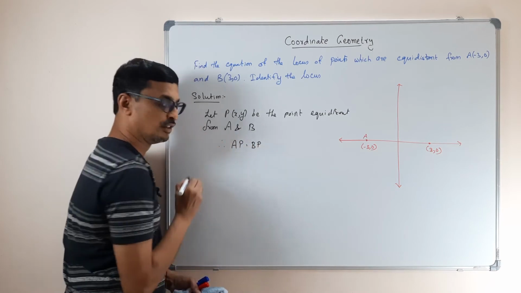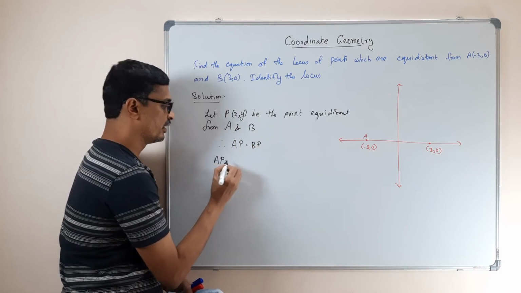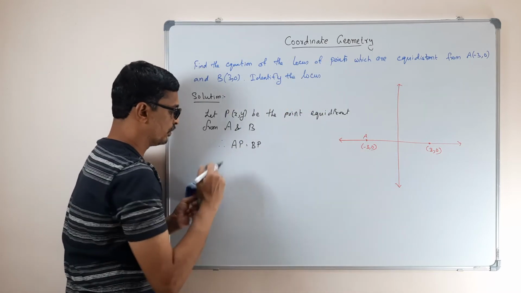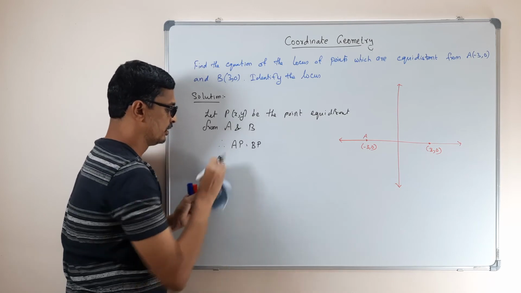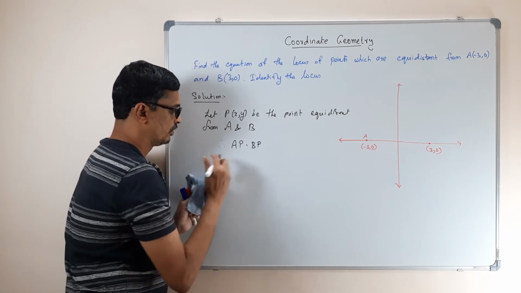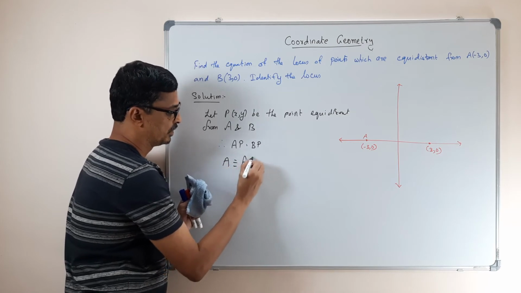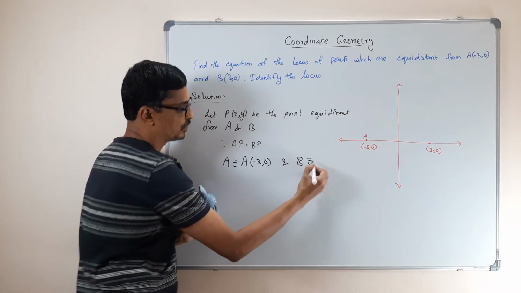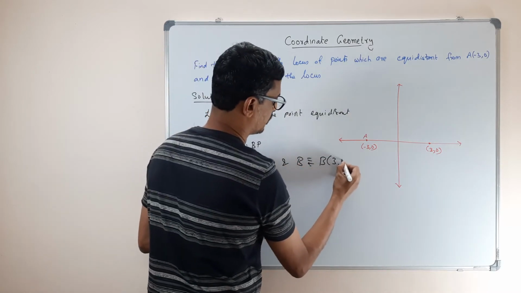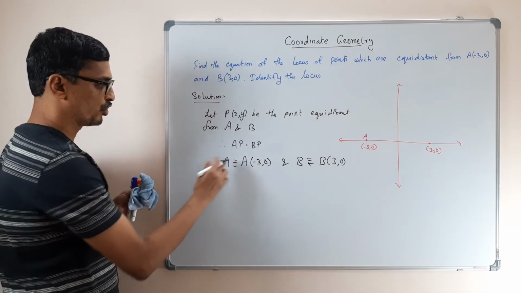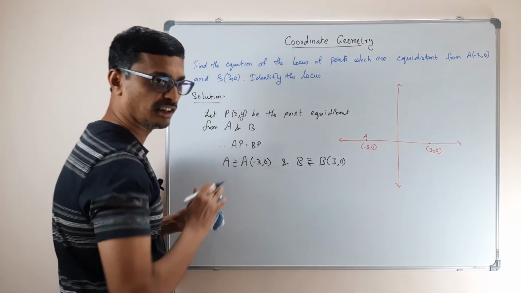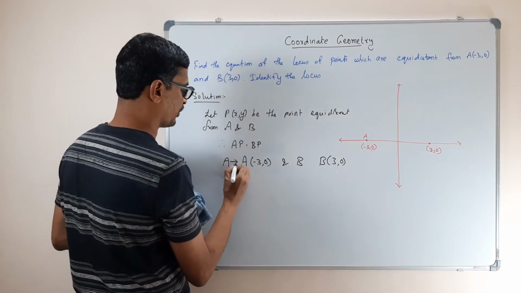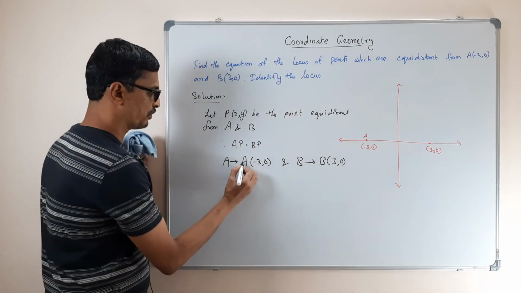Here A is equal to minus 3 comma 0 and B is equal to 3 comma 0. Don't ask me about the triple signs and all that, you will understand in the higher classes. Rather, you can just write it like an arrow, which is easier to understand.